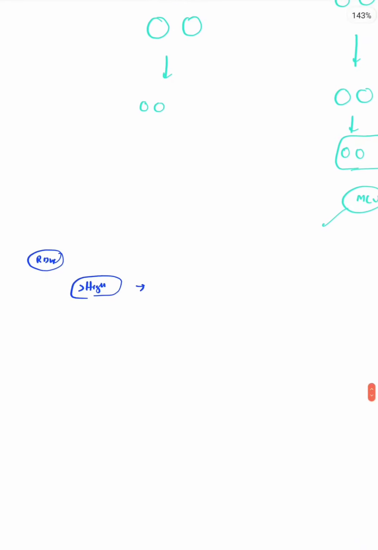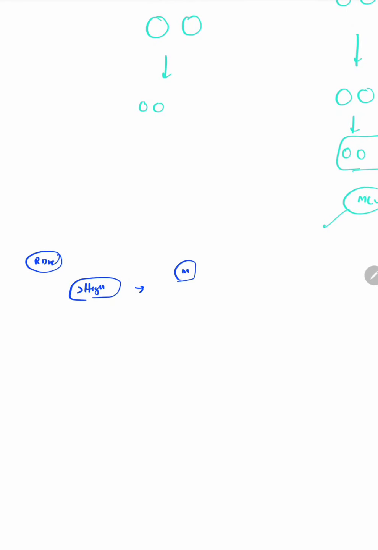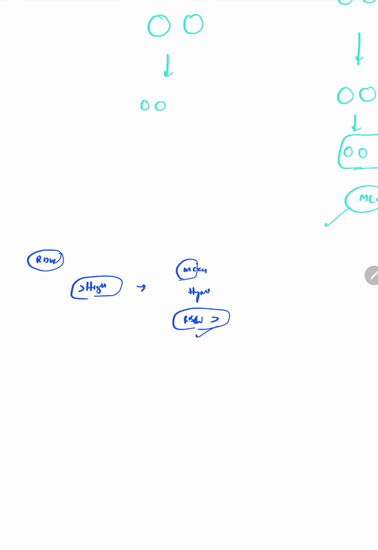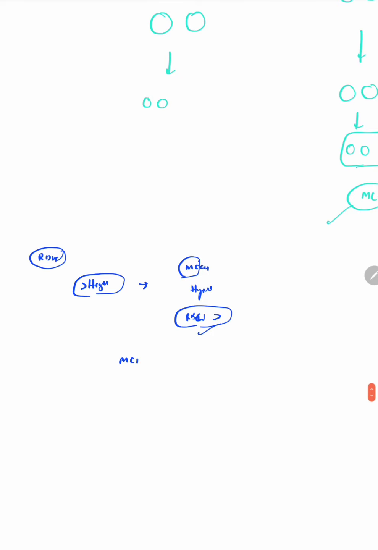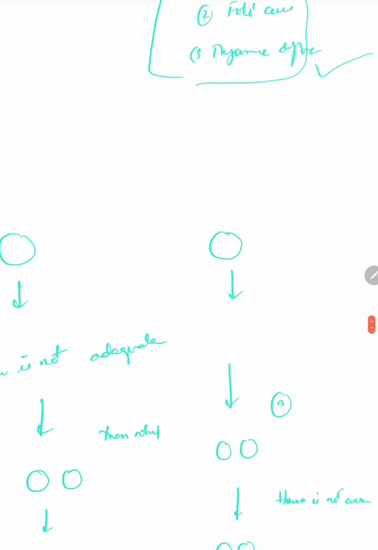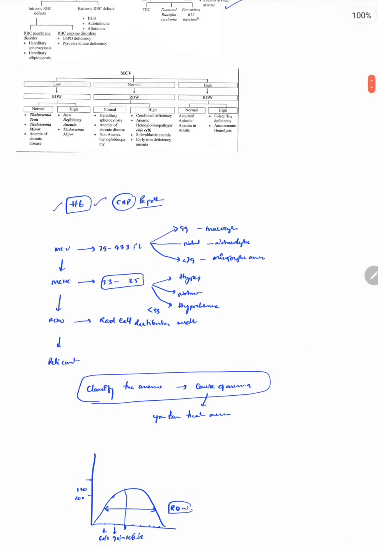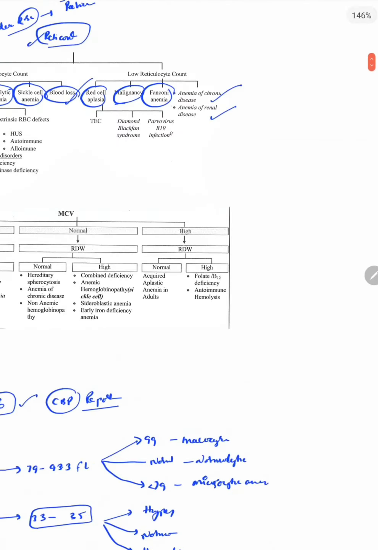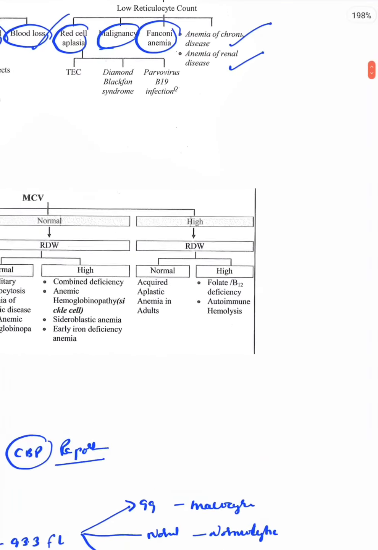Whenever there is microcytic hypochromic anemia and RDW is high, it indicates iron deficiency anemia or thalassemia major.